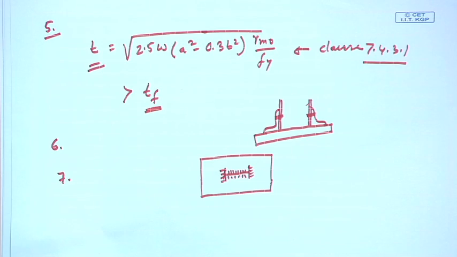We will see what projection is there, and at the column face what maximum moment is going to develop. On that basis we will find the minimum thickness of the base plate required, and that expression is also available in the code. In clause 7.4.3.1 we can find that formula.